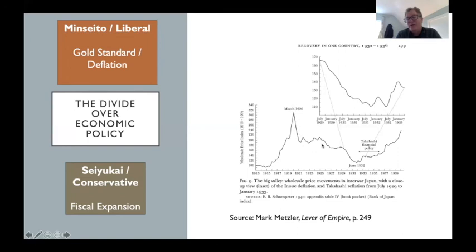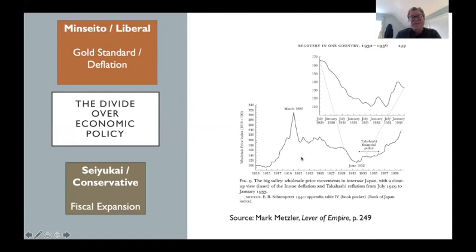Here you can see one, here you can see one, and here you can see one. Each time it went down sharply, declining prices, you saw bank failures as banks were unable to collect loans that their borrowers could no longer repay once you had deflation this sharp.